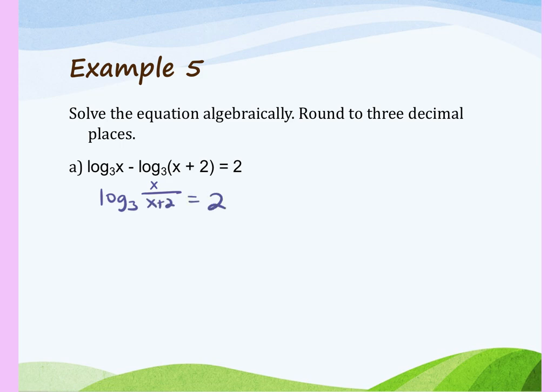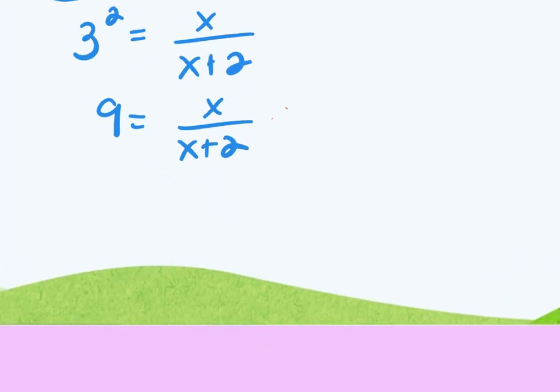And now there's only a log on one side, so we're going to convert to exponential. The 3 picks up the 2. 3 squared would equal x over x plus 2. So 9 equals x over x plus 2. And then we're going to get the variables out of the denominator by multiplying both sides by x plus 2.